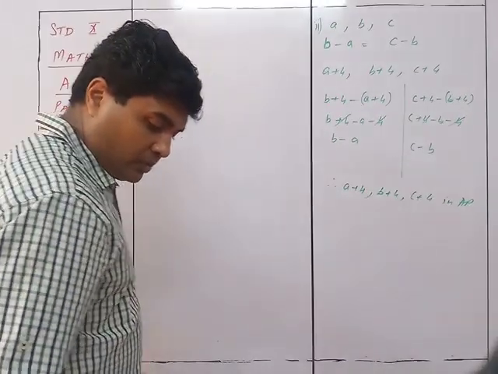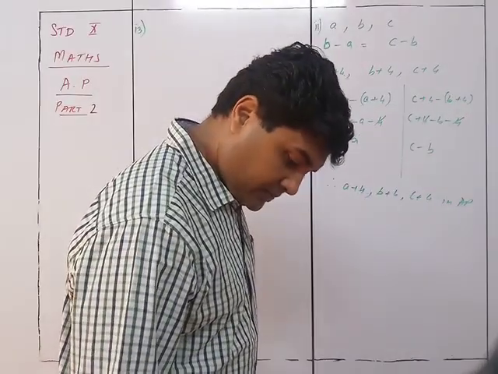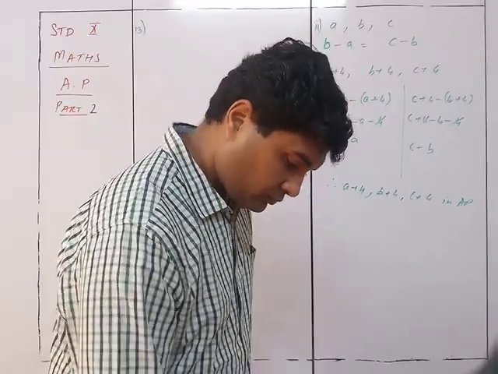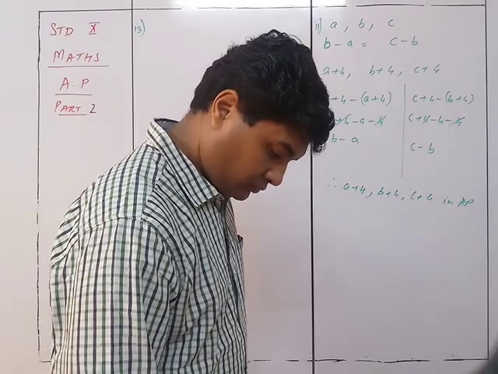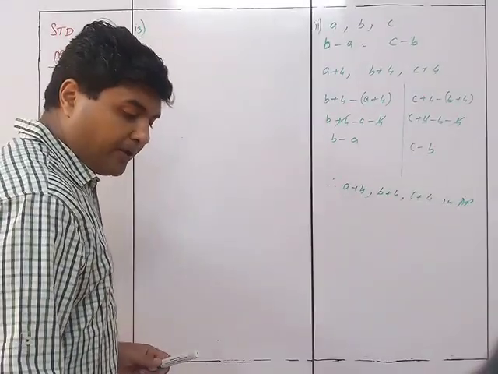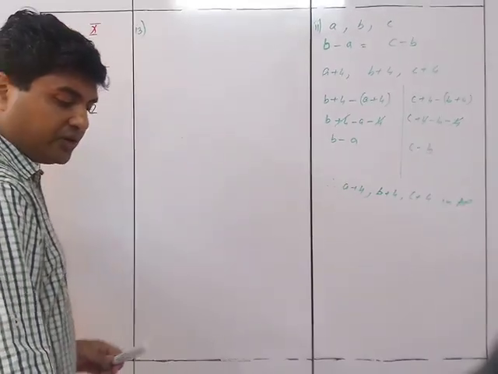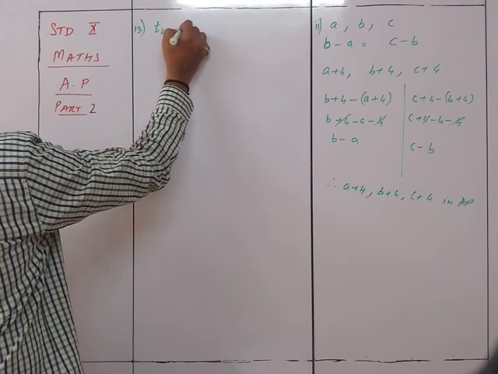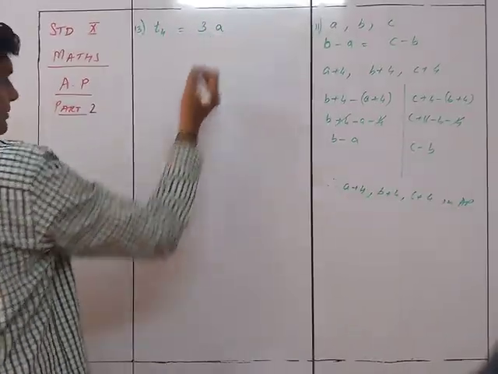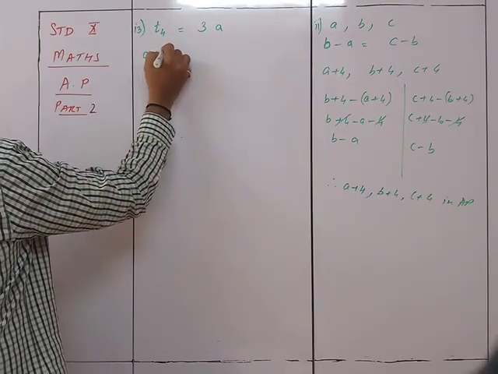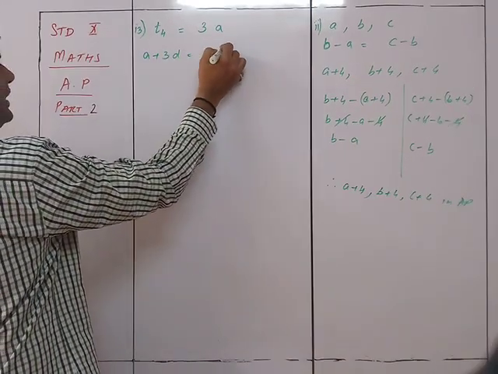Hold on one sec. So the fourth term of an AP is 3 times its first term. So T4 is equal to 3 times A. That's the first thing. So we know that A plus 3D is equal to 3A.